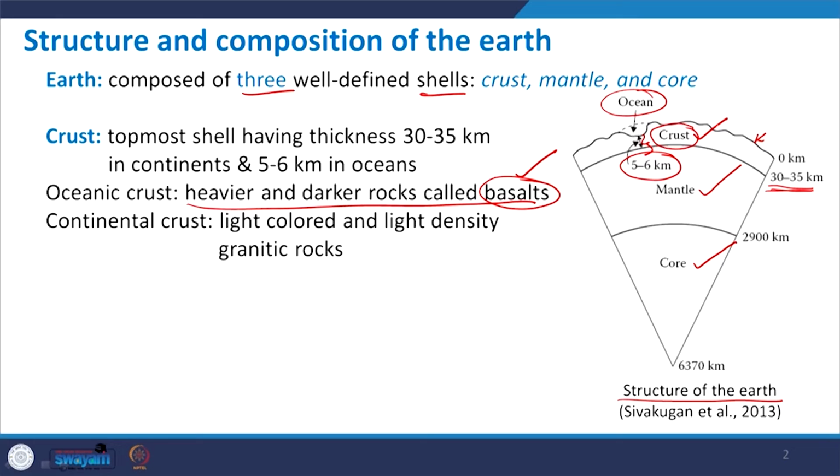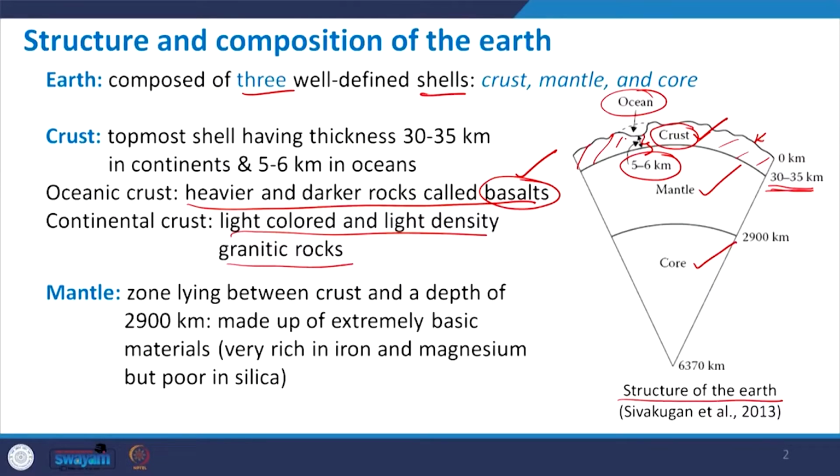In the continental crust, that is this portion where the ocean is not there, we encounter light colored and light density granitic rock. Okay, so for the oceanic crust we have darker rocks like basalts, and for the continental crust we have light colored or light density granite rocks.